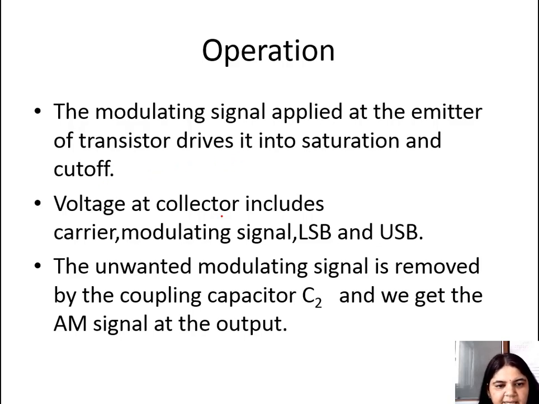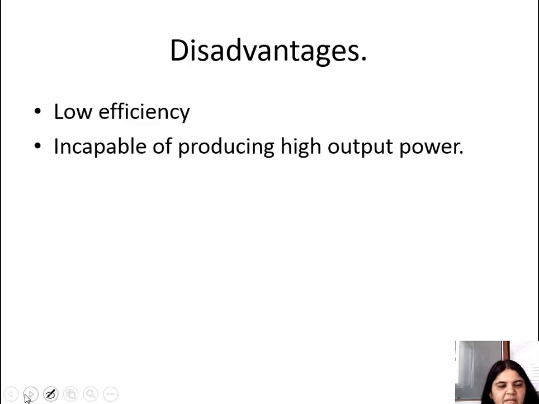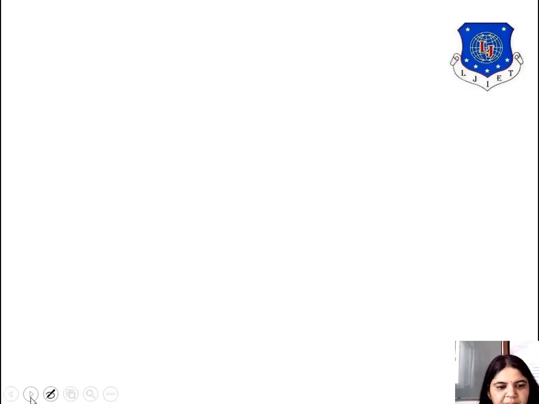The voltage at the collector includes the carrier, modulating signal, LSB and USB. The unwanted signals are removed by the coupling capacitor C2 and we get the AM wave output. The disadvantage of this system is low efficiency, and it is incapable of producing high output power.